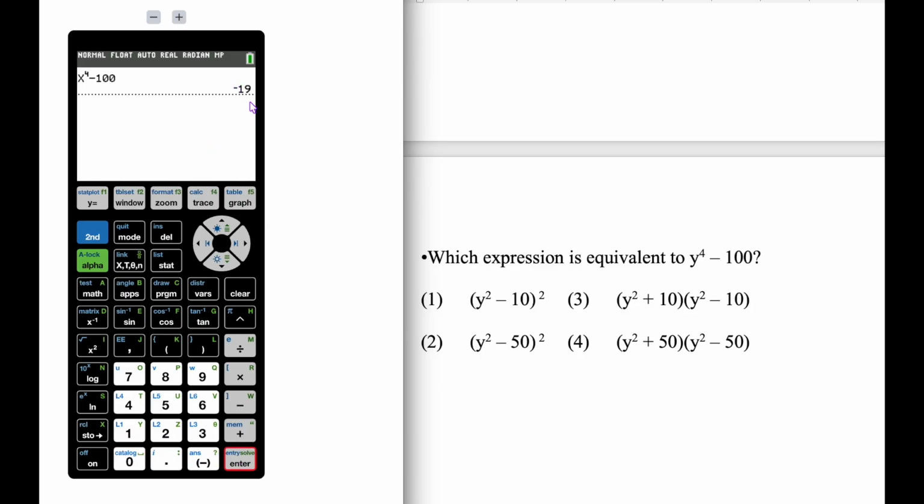Okay, my target number is negative 19. Here we go. x squared minus 10 squared. That's not negative 19. We go to the next one.